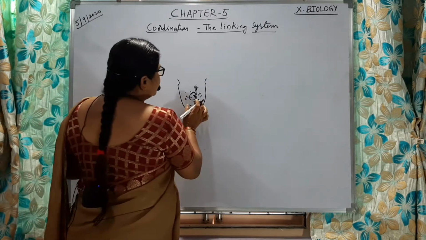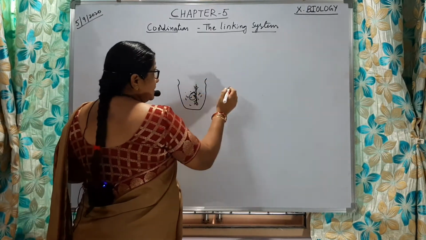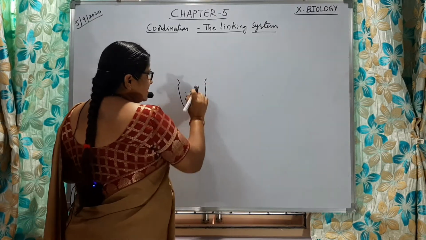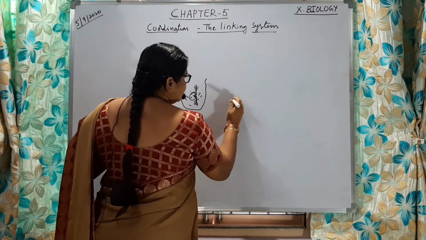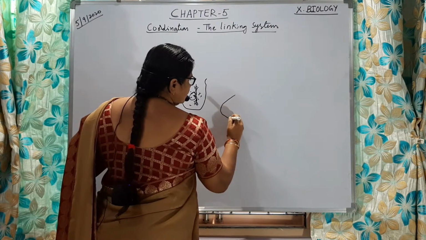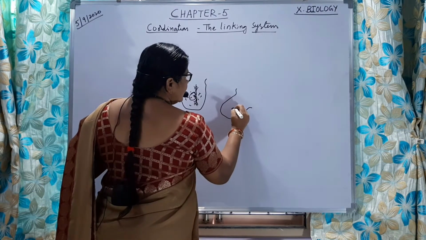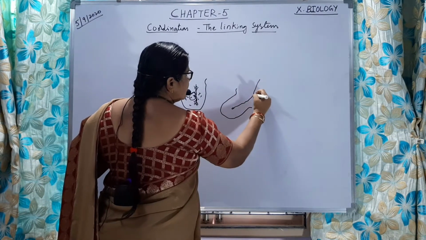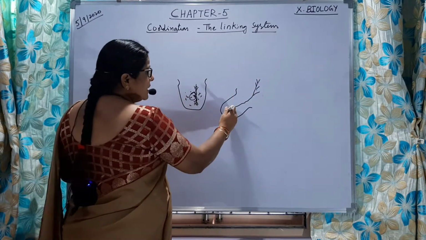Now this plant we are going to keep in sunlight. Then we are observing the germination of the seed. Now we have to bend this, and if we observe, we can see that the stem portion is growing towards the light.